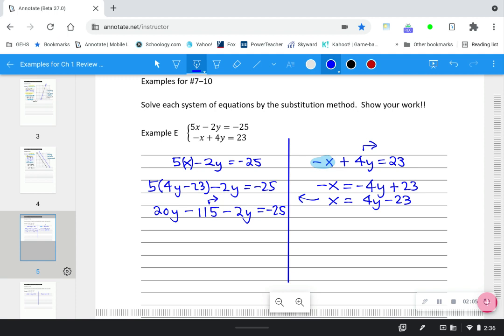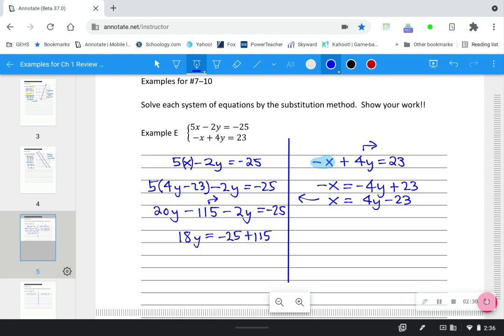We'll add 115 to both sides, and while I do that, I'm going to put these two together here. So since they're like terms, 20y minus 2y is going to give 18y. And on the other side, we get negative 25. That was already over there, plus the 115 that we're adding to both sides.